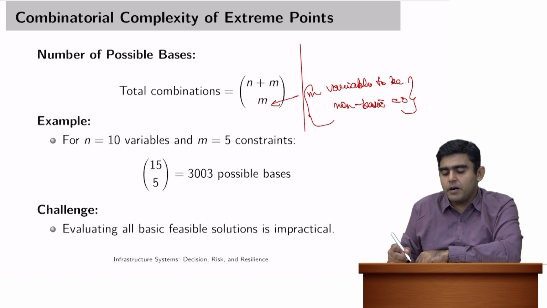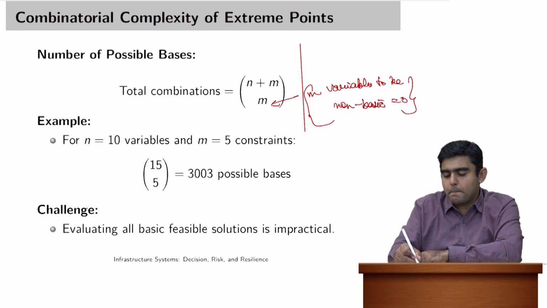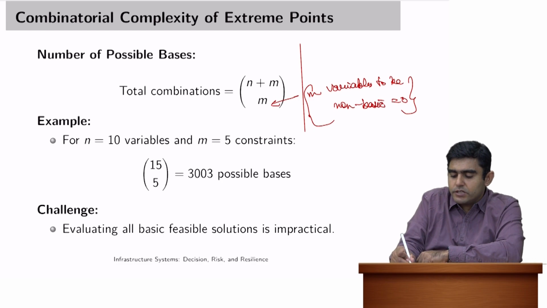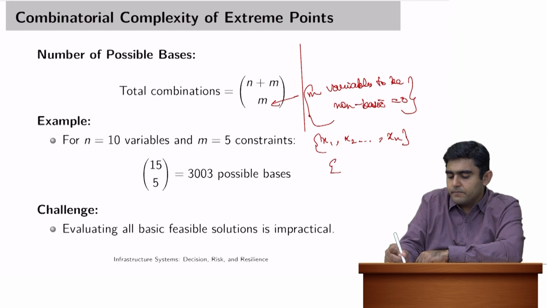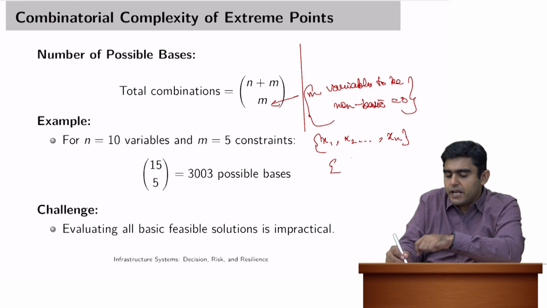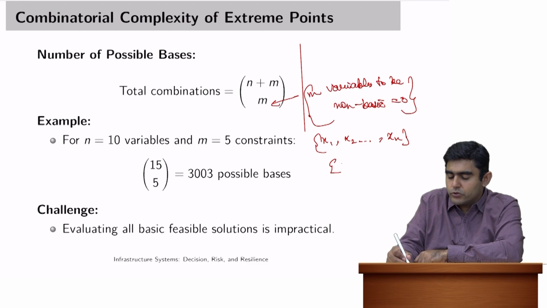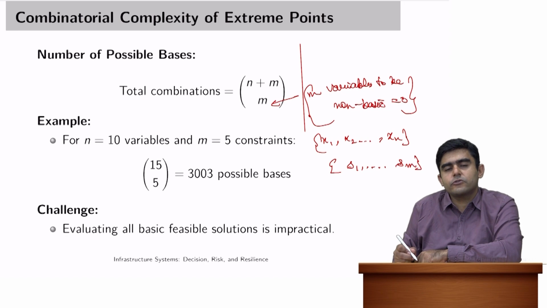Now, if we talk about m variables to be selected out of n plus m, one question should organically arise: if I have n decision variables and m slack variables that I have introduced, and the slack variables I am representing by S1 to Sm, which variables should I select and force to be 0?